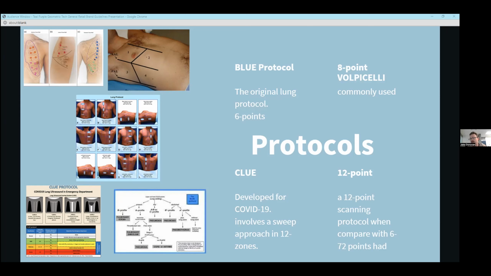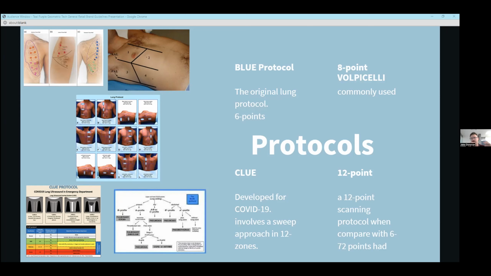And then finally, I just wanted to talk about this 12-point scanning protocol. I haven't put it up on the screen anywhere, but there was a really interesting study that a group of authors did where they compared the accuracy of different scanning protocols based on the number of scanning points versus CT in patients with, I think it was known pneumonia.